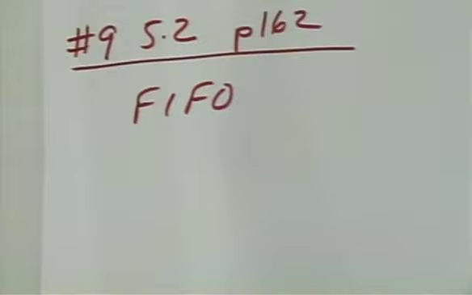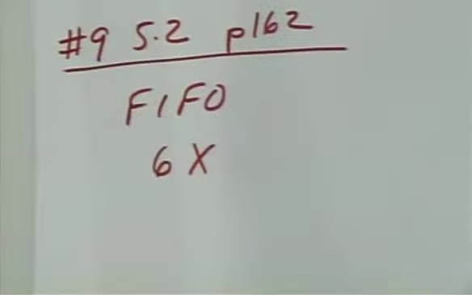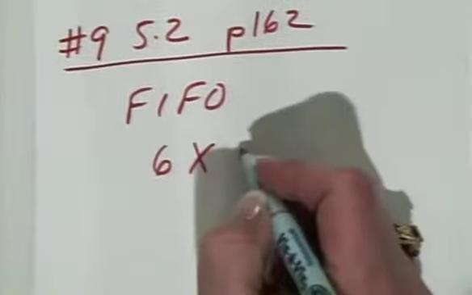When the first ones in are the first ones out, what guitars are left? The ones that we purchased in September or the ones that we purchased in January? The September guitars are left. How many guitars do we have in stock at this moment? 6. So I know that I have 6 guitars, and the ones that are left are the ones that we purchased in September, for which I paid $122.